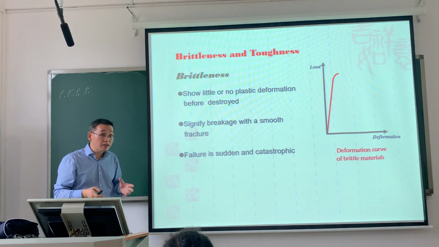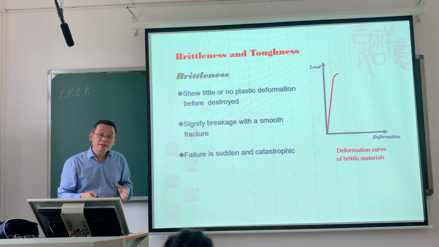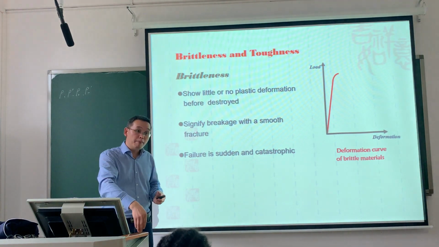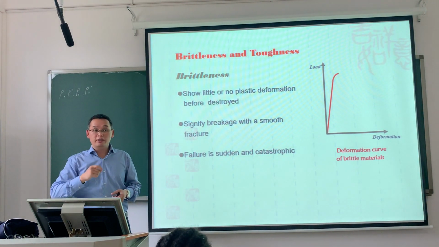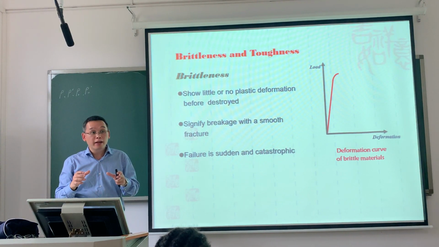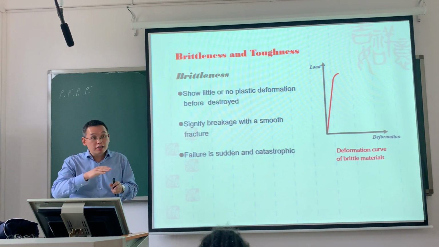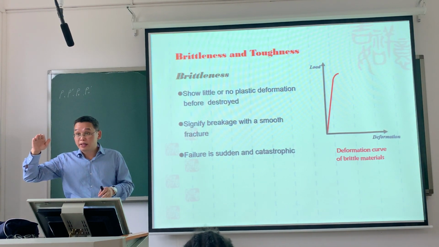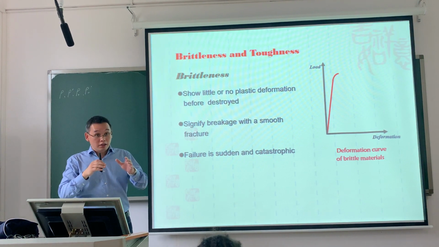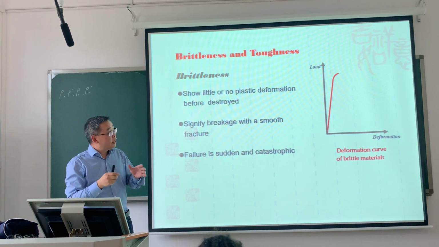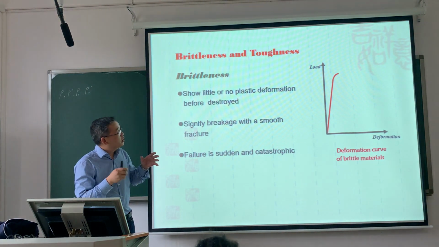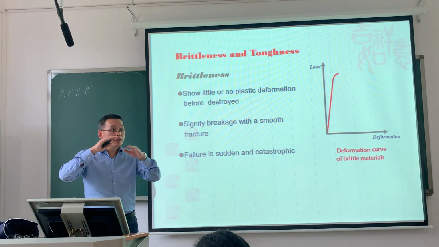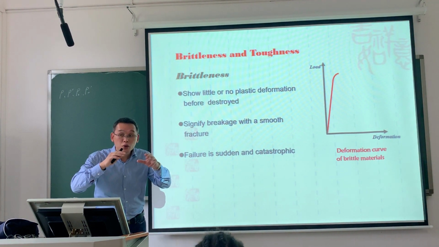So what is toughness? Toughness means when we put a load on a material, the deformation occurs, and then the deformation develops or increases. And after we release the load, the deformation will return.